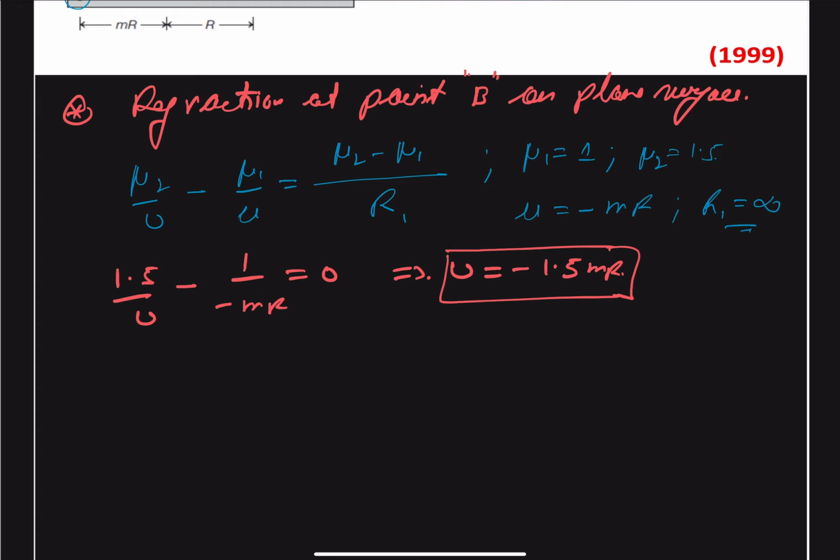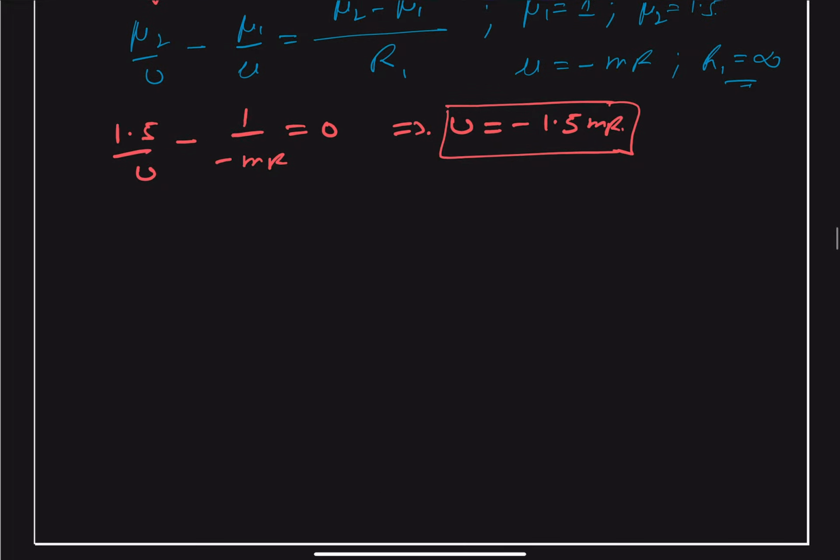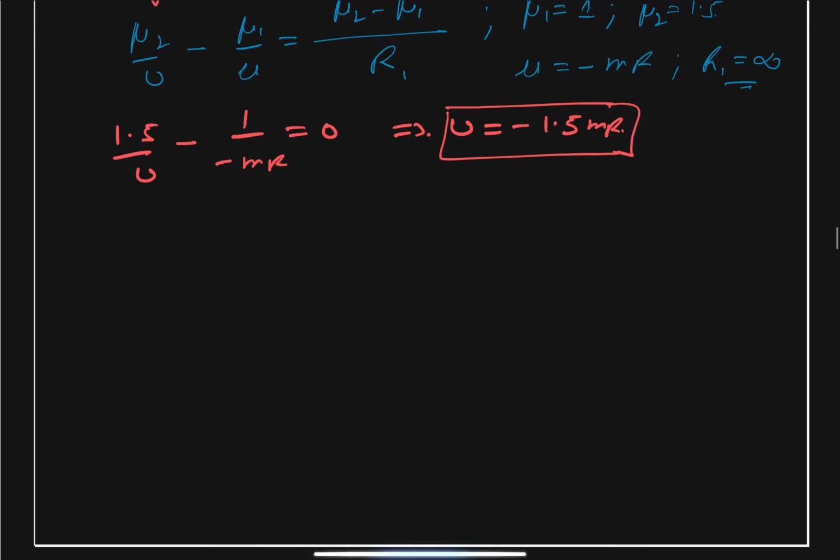So we can just draw the approximate figure for that. So we have this vertical surface, and we are given an object. Let us suppose that object is somewhere here, and this is our curved surface.